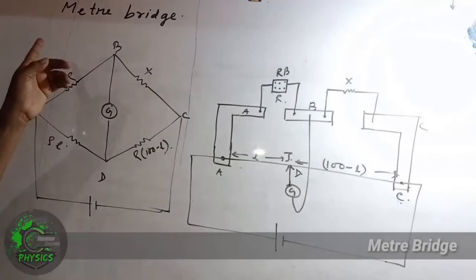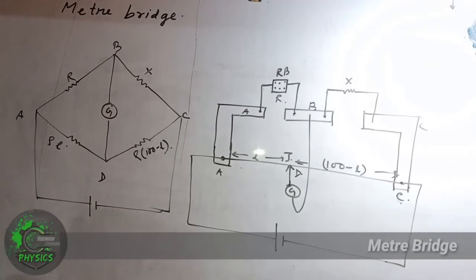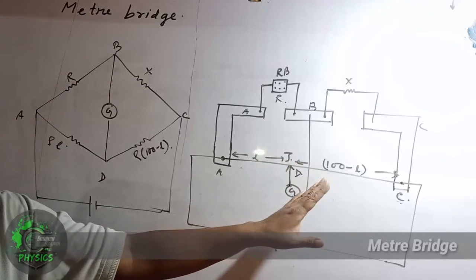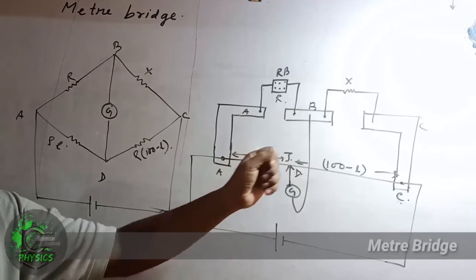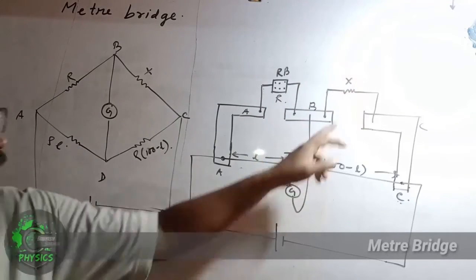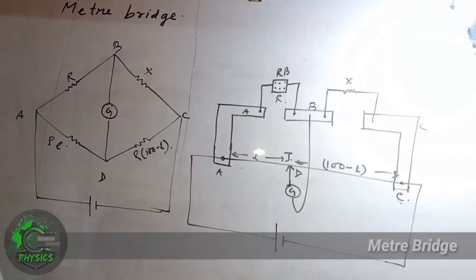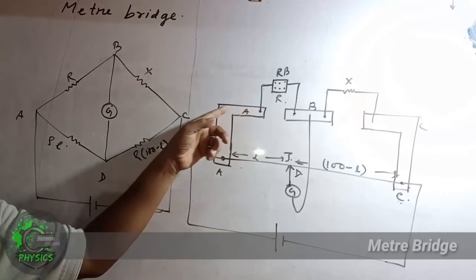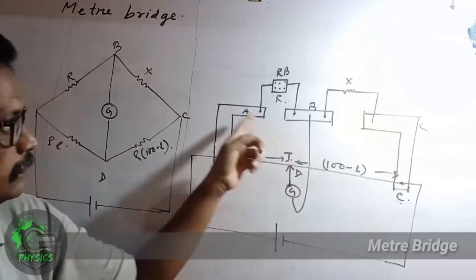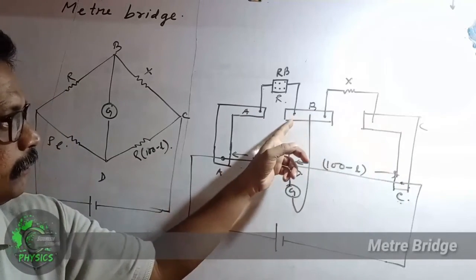Let us discuss the meter bridge. This meter bridge is an apparatus which is used to determine an unknown resistance. Let the unknown resistance be X. In the meter bridge arrangement, these are brass strips, two L-shaped and one rectangular.